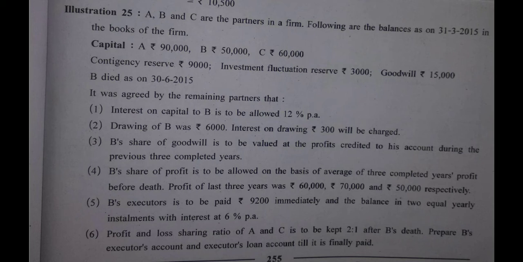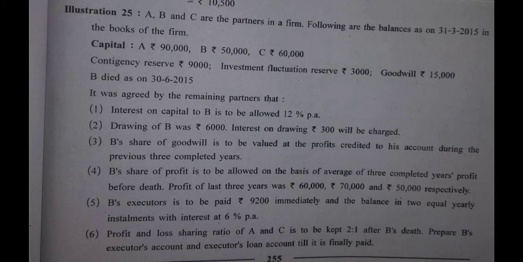Prepare B's executor's account and executor's loan account till it is finally paid. So what we are supposed to prepare? B's executor's account and executor's loan account, which is the new topic for today, till it is finally paid.